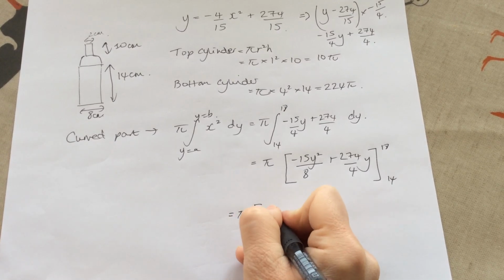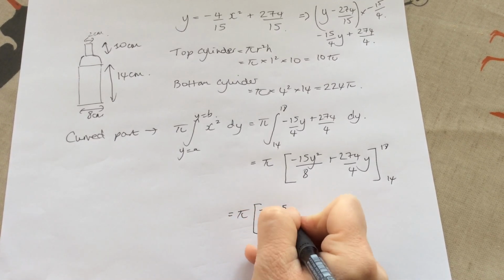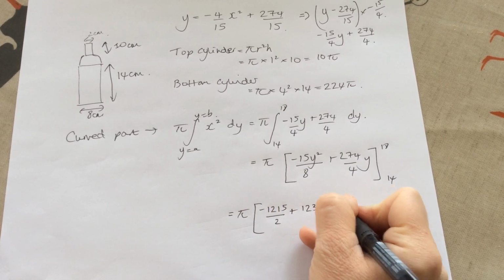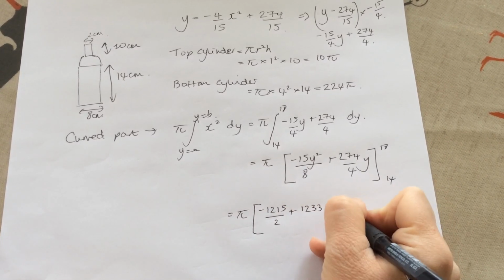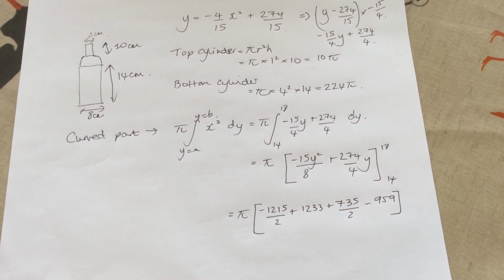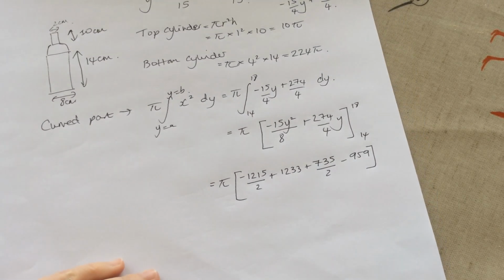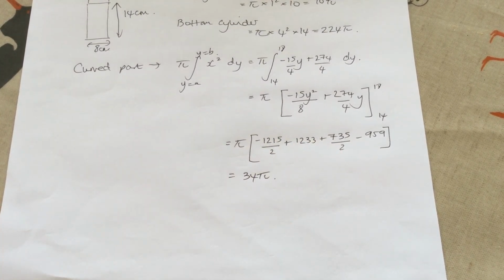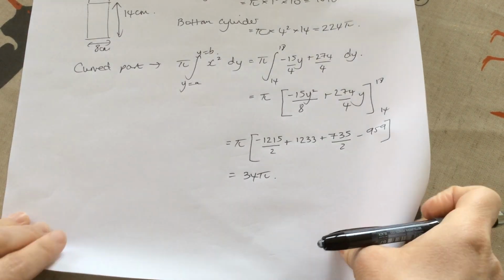And that will give me minus 1,215 over 2 plus 1,233 plus 735 over 2 minus 959. And when I work all that through, it gives me 34 pi. And again, keep that exact for the moment.